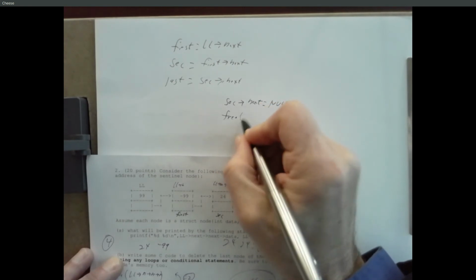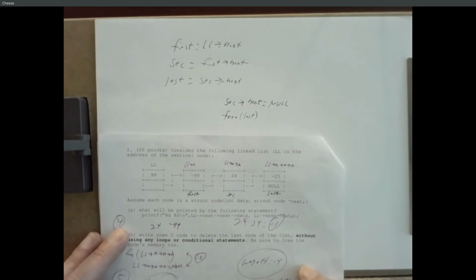So I want to set second next equal to null. Right? Pop a null right in there. This is no longer part of the list. And then I want to free this last node from memory. Just free last. So it's 5 lines instead of 2, but it's so less likely to have a small error like having too many or too few arrow nexts.